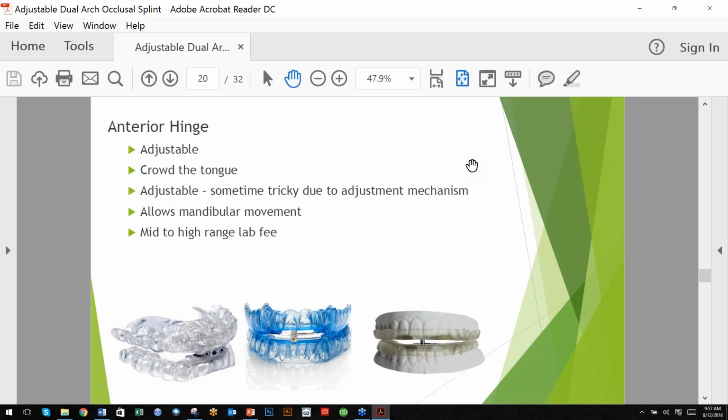And the way that the anterior hinge appliances provide that feature is they have some type of post or hook mechanism in a way that doesn't lock the mandible, but it allows for typically a little bit of vertical movement and a little bit of lateral movement.